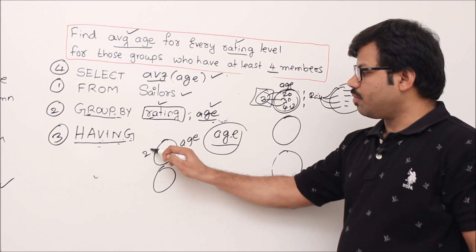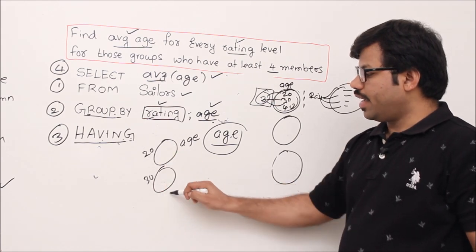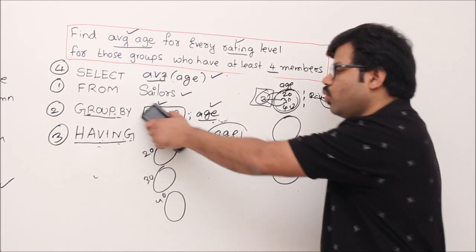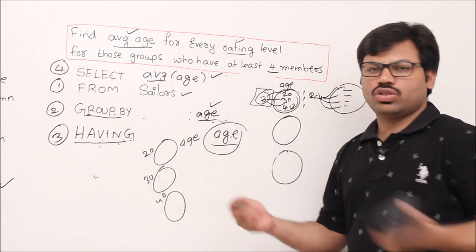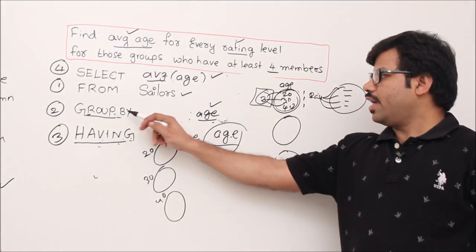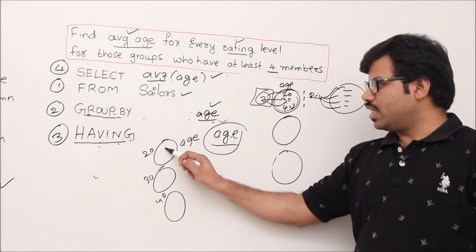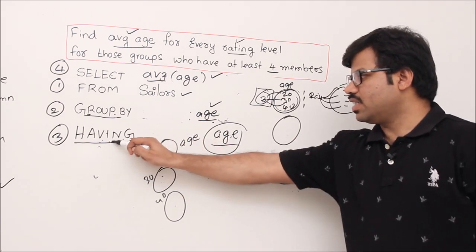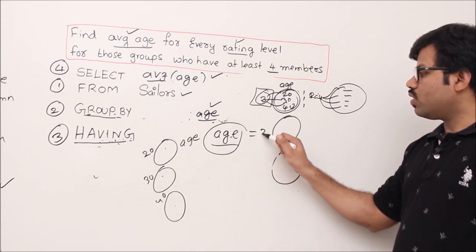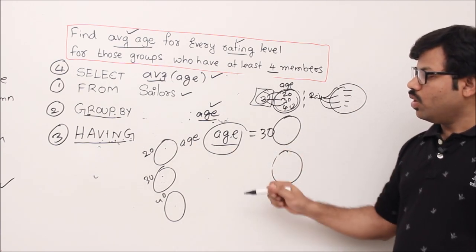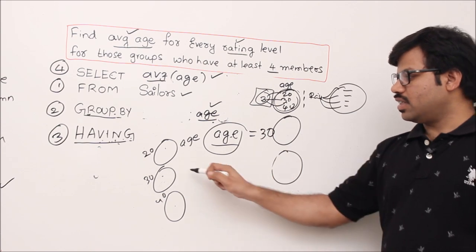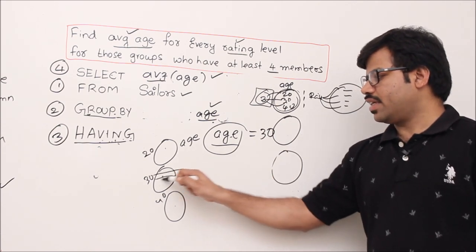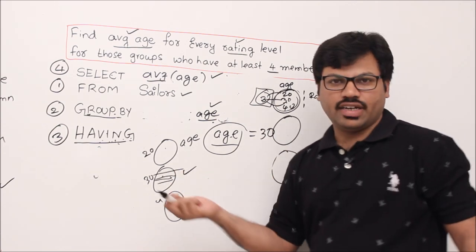Example, age 20, age 30, age 40. Okay, let's remove rating for simplicity. Of course, you can have rating also. When I write group by age, then groups are age 20, age 30, age 40. Then maybe you write a condition like having age equal to 30. Then you are taking the group whose age is 30. Then see, this entire group will be selected. So yes, that is a group condition.